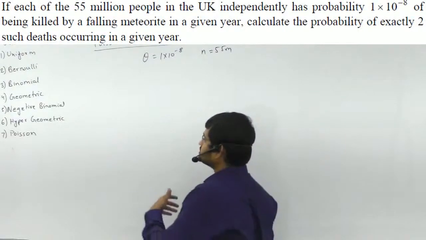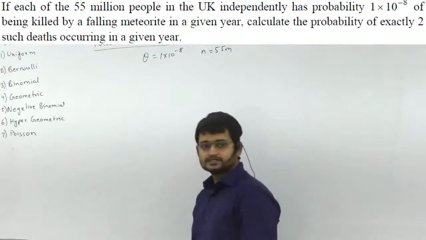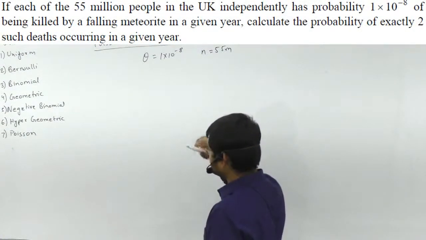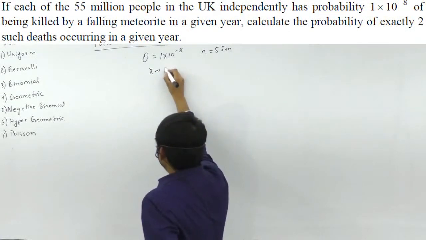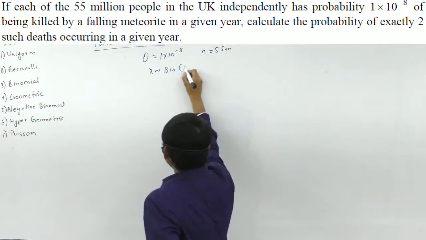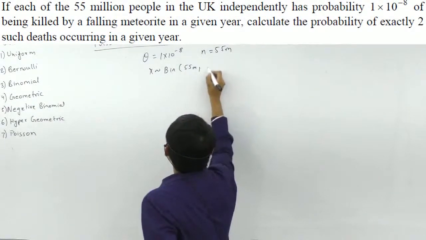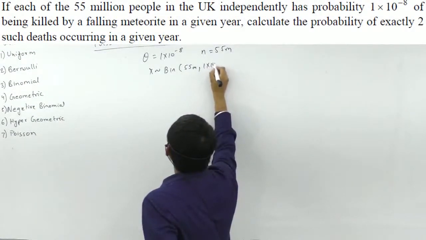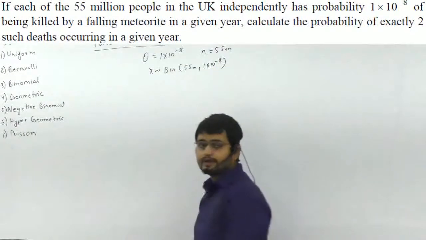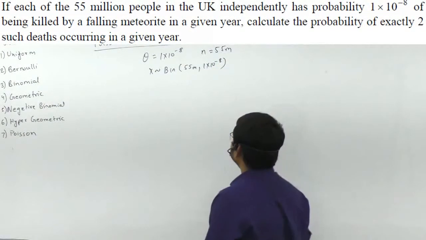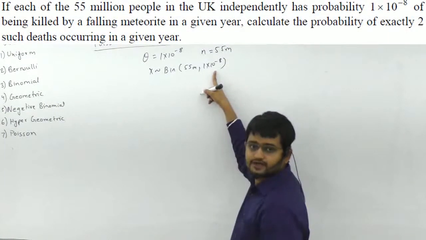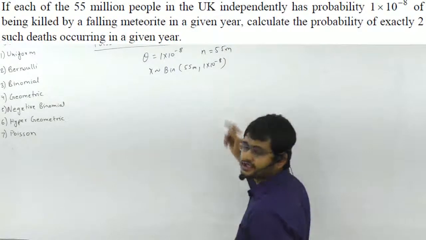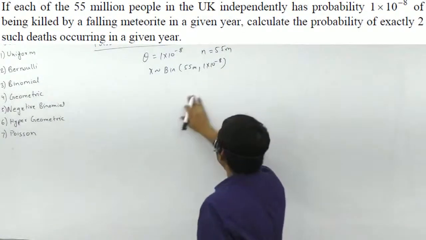If we assume dying is success, this is nothing but binomial distribution. So x follows binomial distribution with 55 million comma 1 into 10 raised to minus 8 as its probability of dying. Now because n is really large and theta is very small, we can convert this into Poisson distribution. So how do we write it?